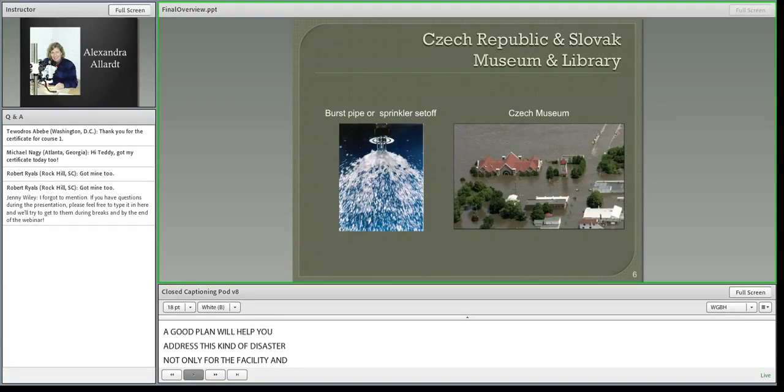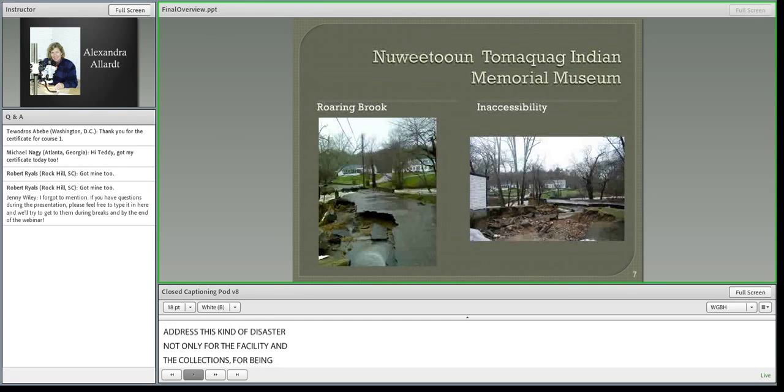This is from the more recent 2011 flooding in Rhode Island at the Tomaquag Indian Memorial Museum. The sleepy little two-foot-wide brook, which dries up in the summer, is, they discovered, aptly named Roaring Brook. During this torrential, multi-day freezing rain March weather event, the size and length of which no one could remember having happened in the past 30 years, this tiny trickle of a brook turned into a monster.